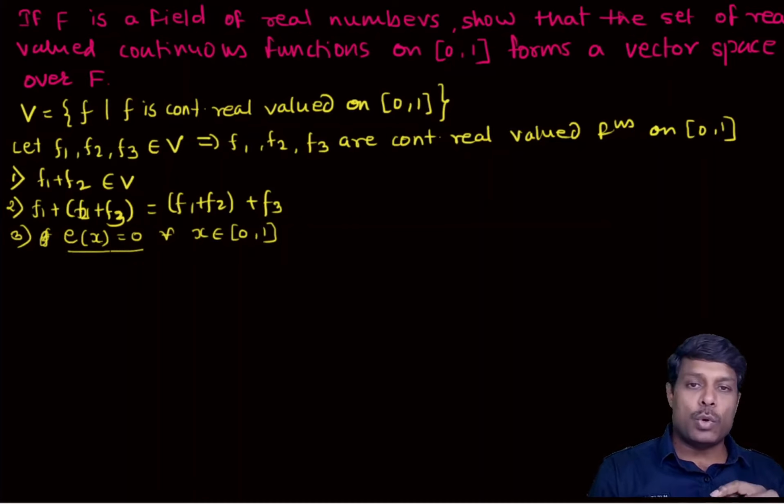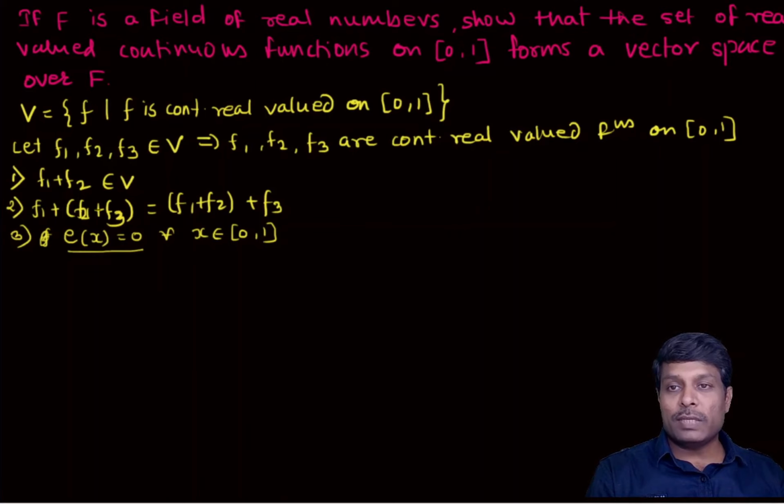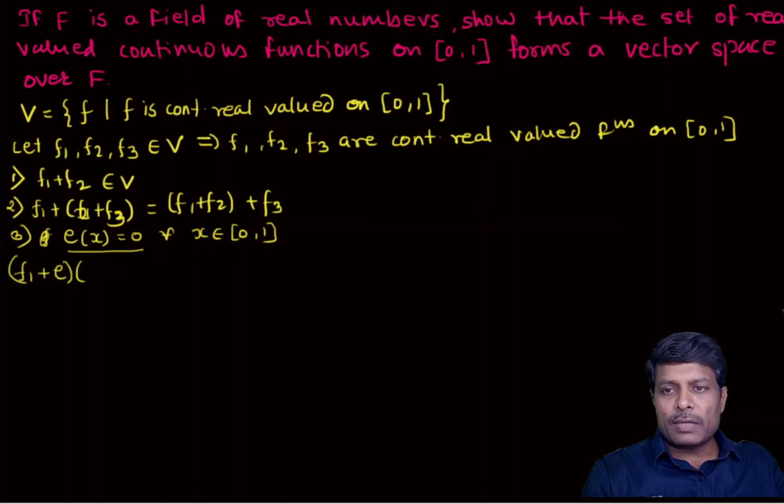The zero function is always continuous, and therefore this zero function is a member of V. And if you add any f1 plus this E, and act on any element x, then it is f1(x) plus E(x), and we know that E(x) is 0.